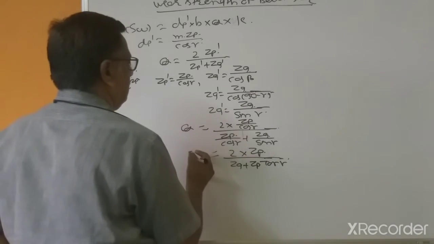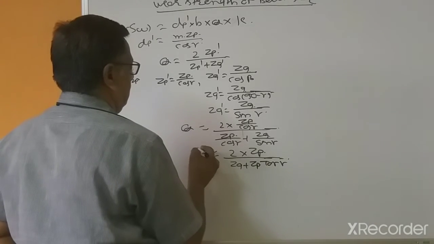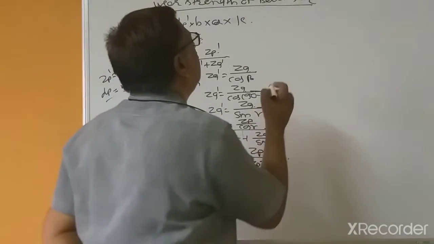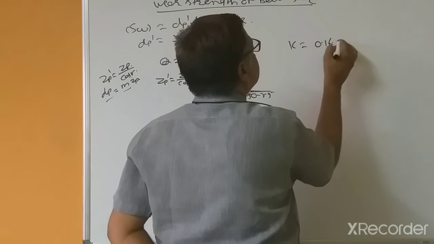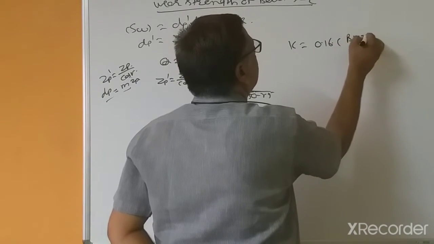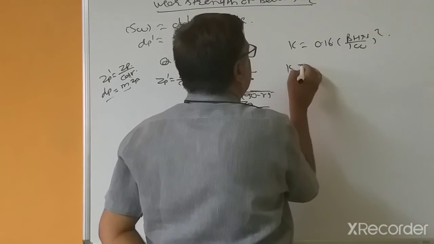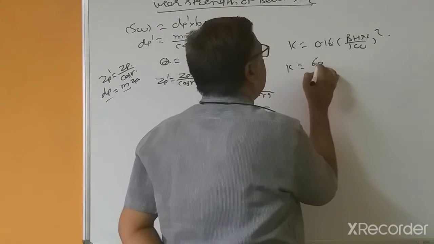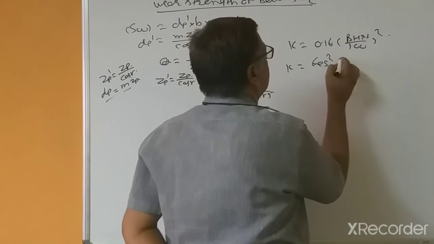This is Q equal to, and K equal to, I guess, 0.16 into BHN divided by 100 bracket squares, or K equal to sigma E squares.